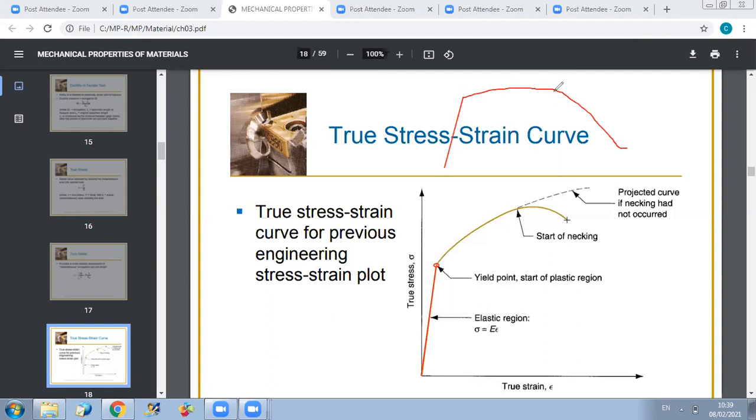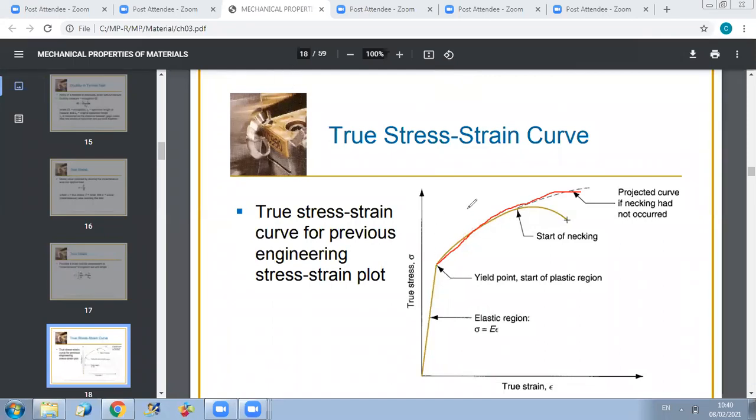This is why we go to the true stress strain curve, and we have a technique to determine the start of necking. How to do it? First, in the plastic region, we will see together that the curve can be given by the equation k times epsilon to the power n. And we will learn together how to find these constants k and n, okay?